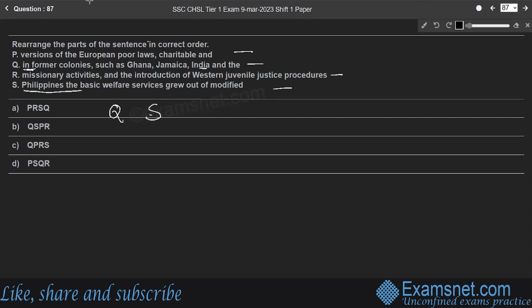India and the Philippines, the basic welfare services grew out of modified versions of the European poor laws. So it should be P after S, right? Modified versions of the European poor laws, charitable, and lastly, it should be R. So charitable and missionary activities and the introduction of Western juvenile justice procedures. Therefore, should be R. Therefore, the order should be QSPR. So look at the options. Option B is the right answer.